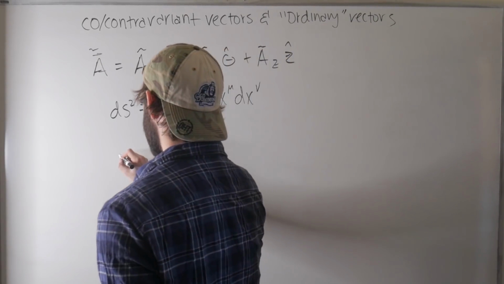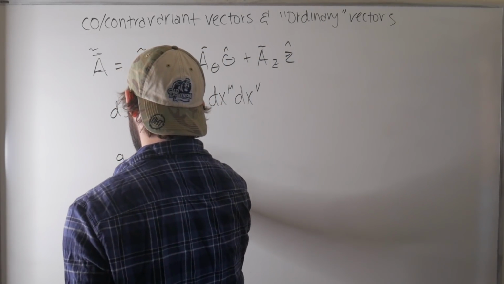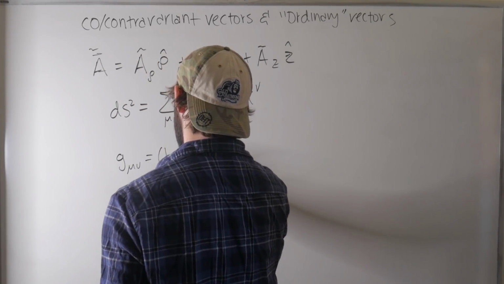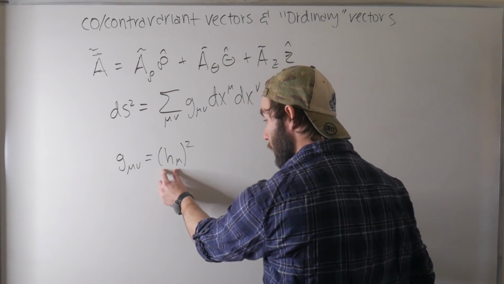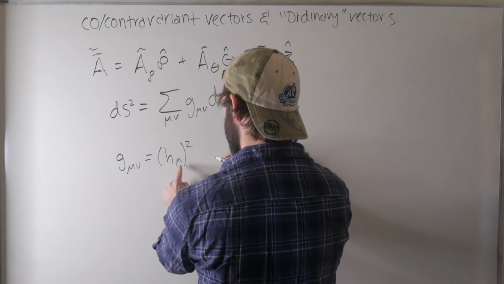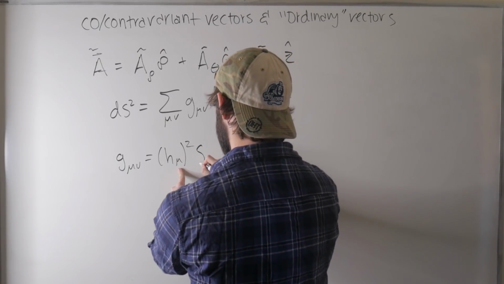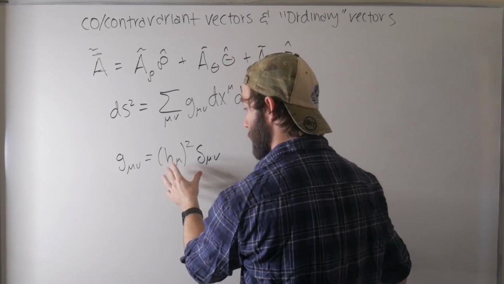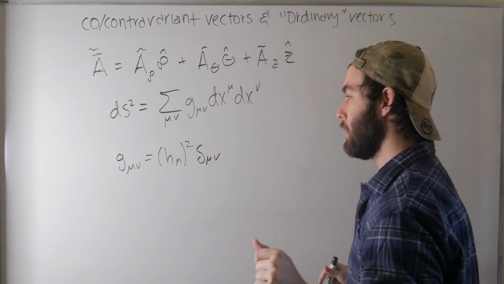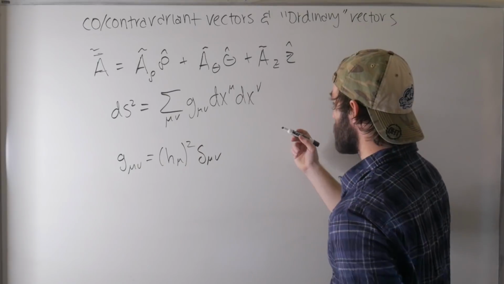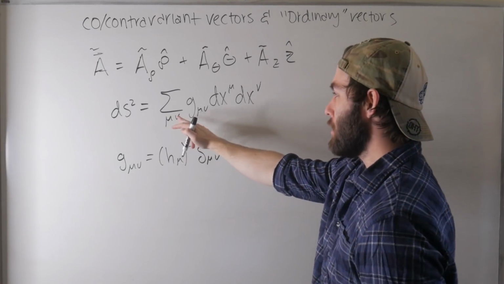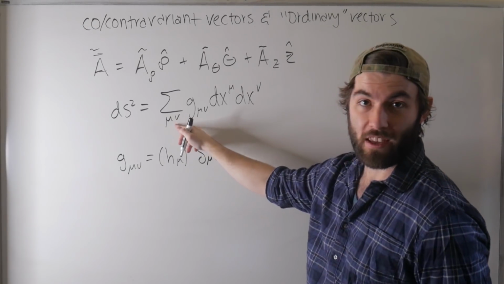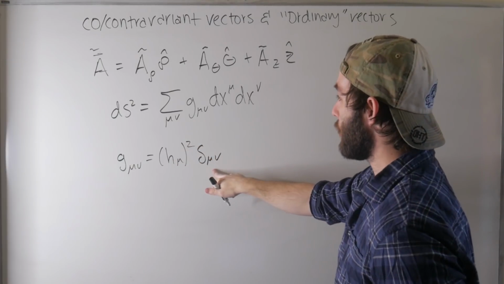So we can write g mu nu as the square of some real value indexed by mu times the Kronecker delta mu nu. And we have repeated indices, but we're not summing over them. So we can substitute this into this relationship here, summing over mu and nu. Only the diagonal terms, the ones for mu equal to nu, will survive because of this Kronecker delta.